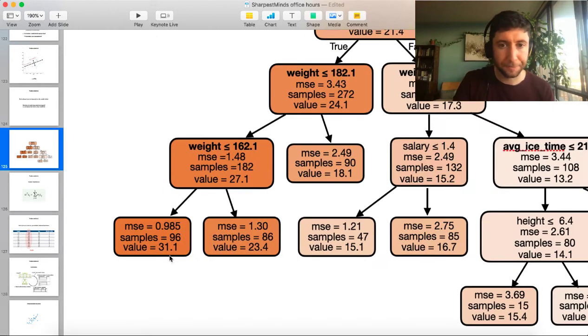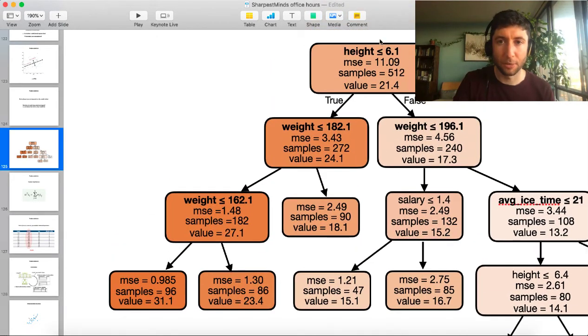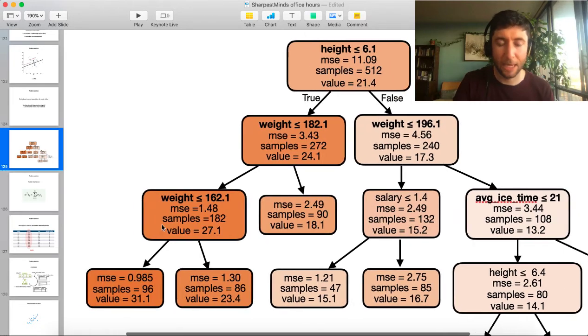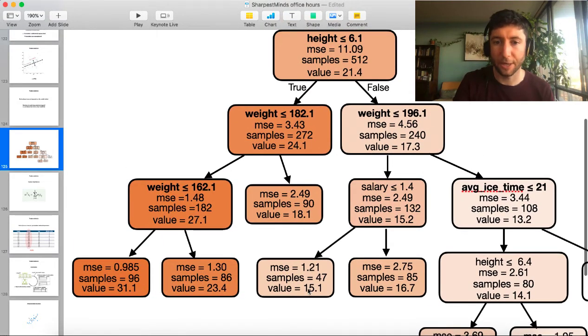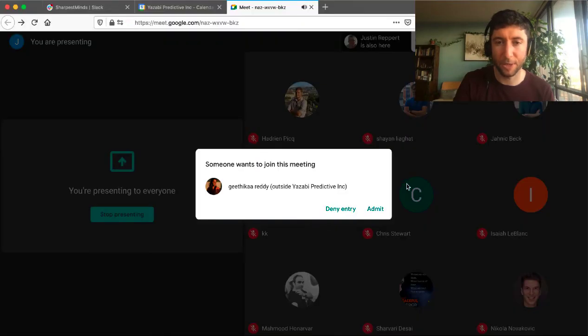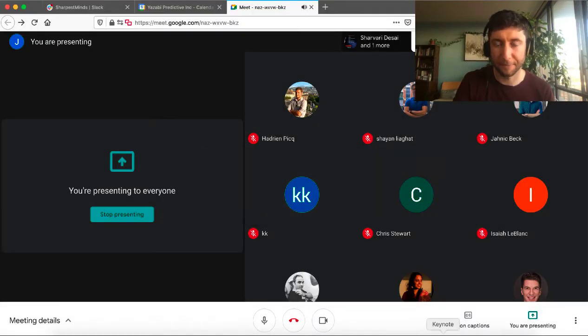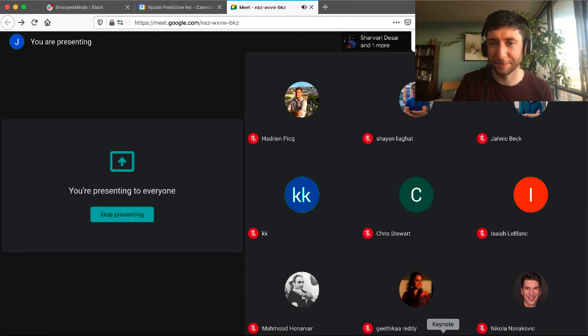So once a sample ends up in one of these buckets, what do you think our prediction is going to be for that sample? Let's say we have a hockey player who ends up in this bucket here. What do you think our prediction is going to be? Any takers?